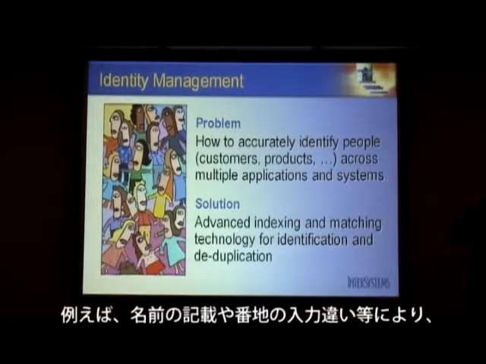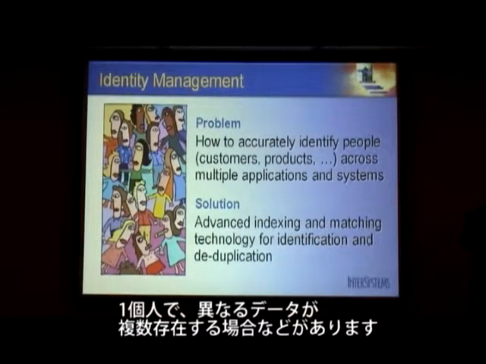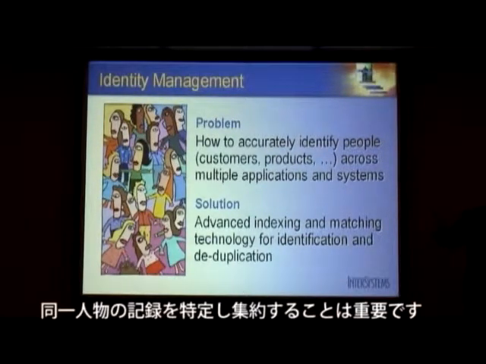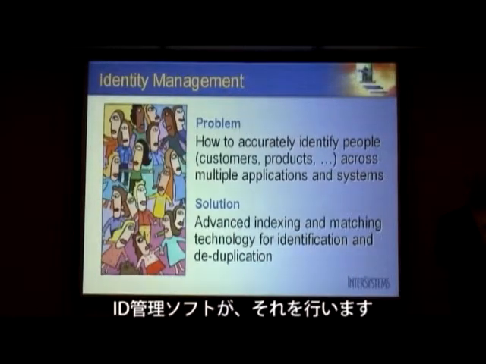For example, if the information is about people and there's been a misspelling in entering someone's name, or there's been a transposition of digits in entering an address, you can have multiple entries for the same individual in the same database, or between different databases where different information may be stored about the same individual. It's obviously important for us to be able to identify which of those records correspond to the same person and fold them together. And our identity management software provides a way of doing that.